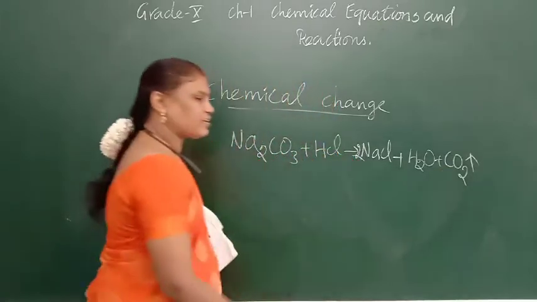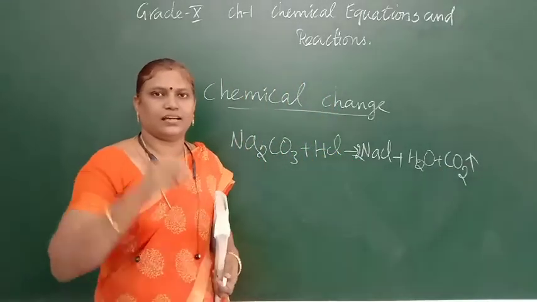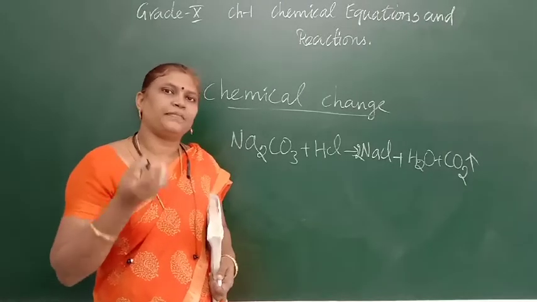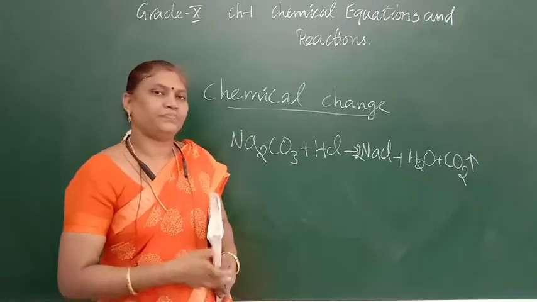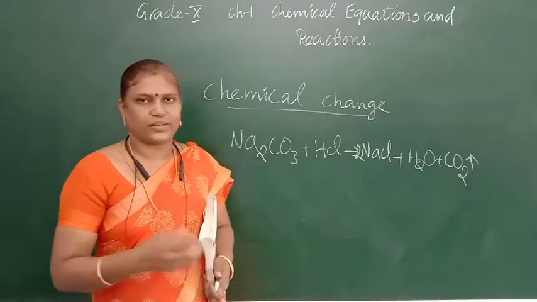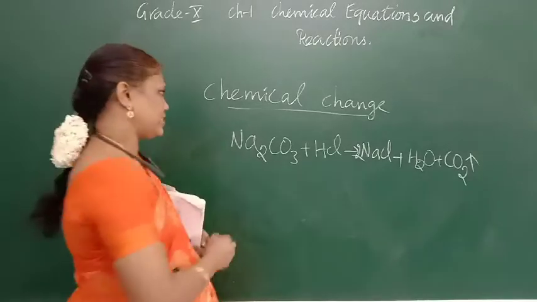So what is liberated here? Carbon dioxide. When the gas is evolving, it comes out as bubbles. That is called brisk effervescence. When gases like hydrogen, oxygen, carbon dioxide are evolved, they come out as bubbles. That is called brisk effervescence.